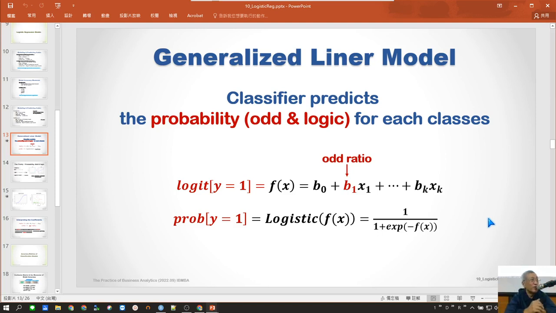Last hour we already learned how to build a logistic model. By building a logistic model, we are actually estimating a set of coefficients.